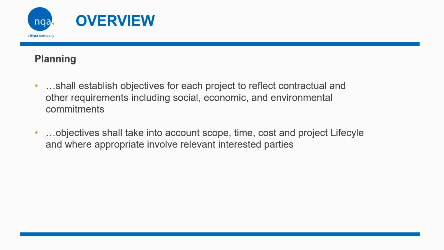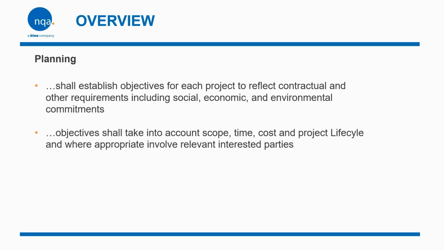Apart from planning under BS 99001, organizations must also establish quality objectives for each project. The objectives must also reflect social commitments: community engagement, diversity targets, local employment. There should be economic commitments: value for money, long-term operational savings; and environmental commitments: carbon reduction, waste minimization, and net zero alignment.